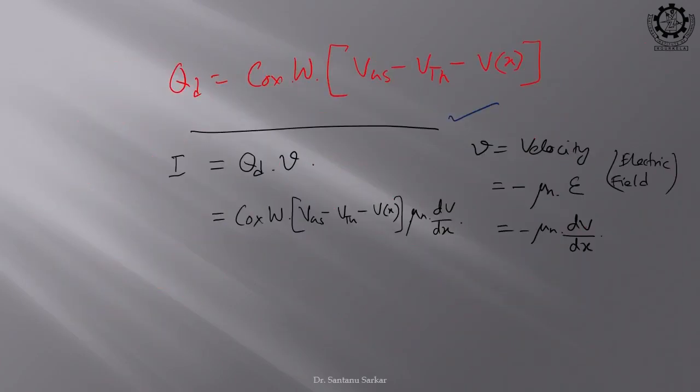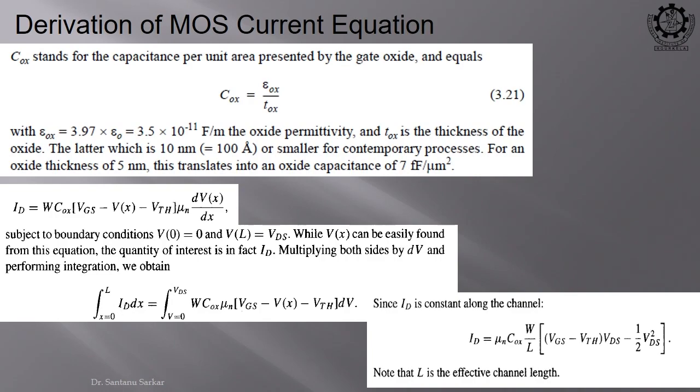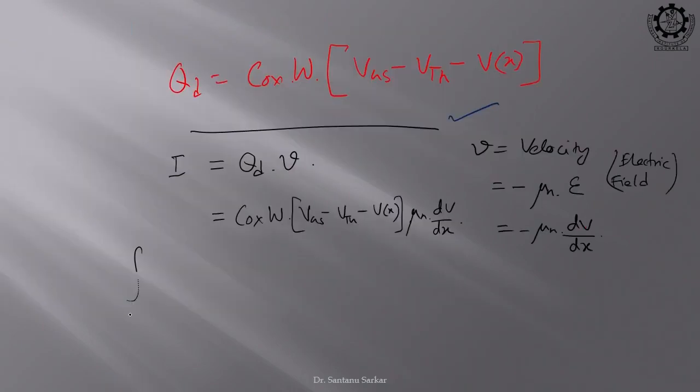So, what we will do? We will integrate this I from x equal to 0 to L, where x is our position, and the voltage is varying from V equal to 0 to V equal to VDS, and we will get the total current expression, right.